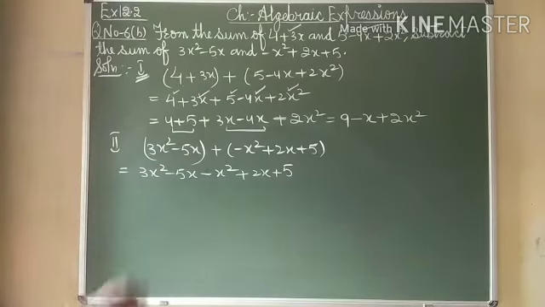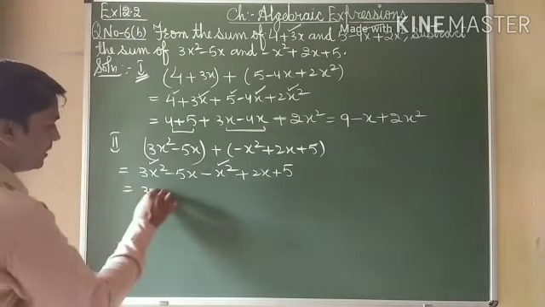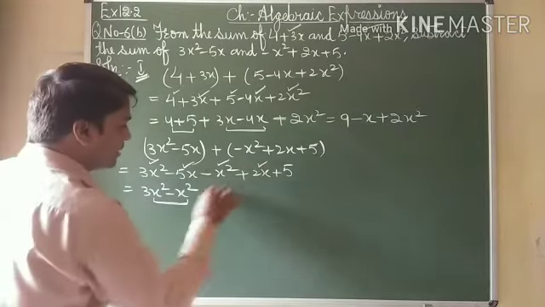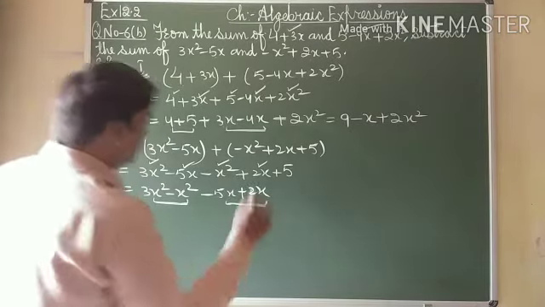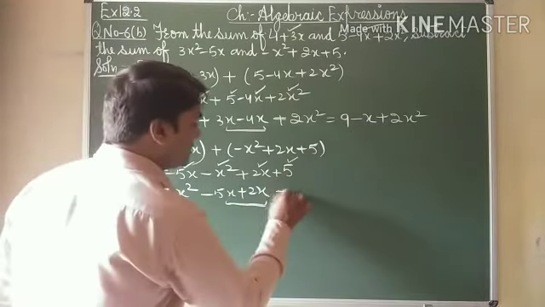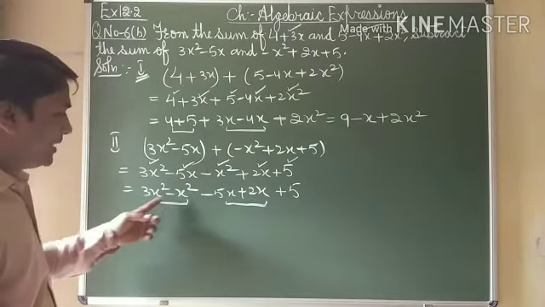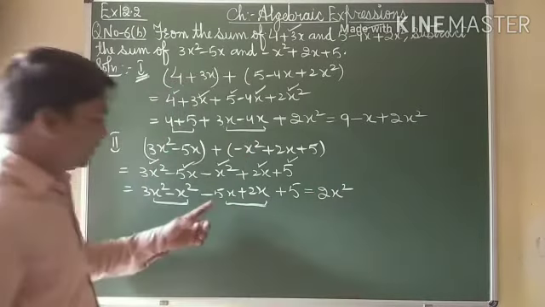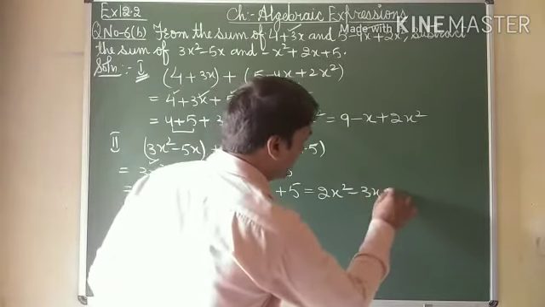Now combine the like terms, we get 3x square minus x square be the first group of like terms, minus 5x plus 2x be the second group of like terms, and 5 is an unlike term, so it will remain as it is. Now 3x square minus x square is equal to 2x square, minus 5x plus 2x is minus 3x, plus 5.